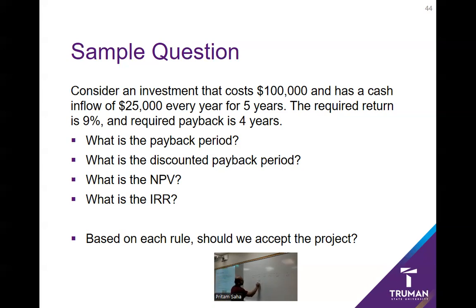So if you discount this by 1.09, 25 over 1.09 squared, 25 over 1.09 cubed, 25 over 1.09 to the fourth, 25 over 1.09 to the fifth, you have to keep summing.